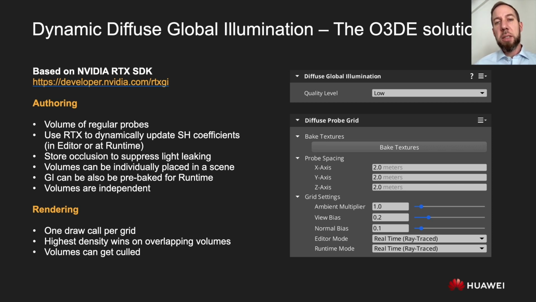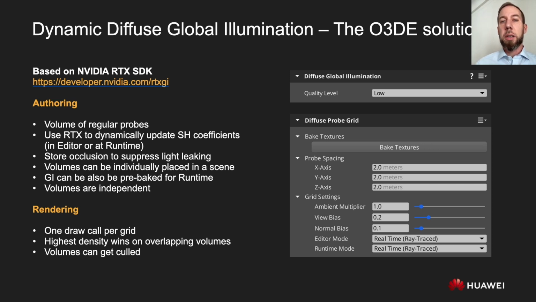Those can be either baked, in which case at runtime only resampling the grid is required, or they can be real-time, in which case ray tracing will update the probes at runtime. What's real nice here, especially for iteration, is that there are two separate modes for the editor and runtime, so a beefy editor can be used to get updates live and still bake the results for production.